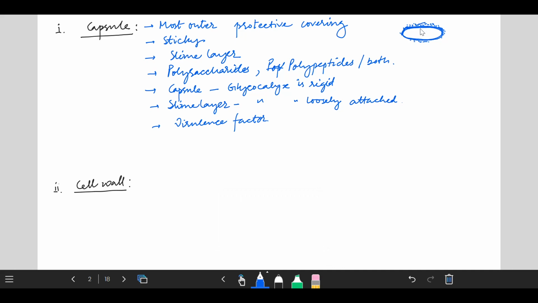If this is the capsule, this is the cell wall part. And the major component is peptidoglycan or murein, which is only found in bacteria.